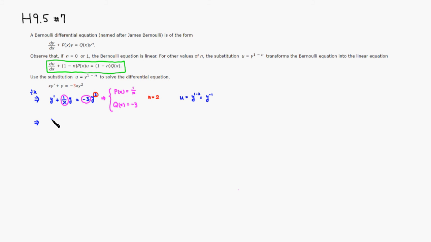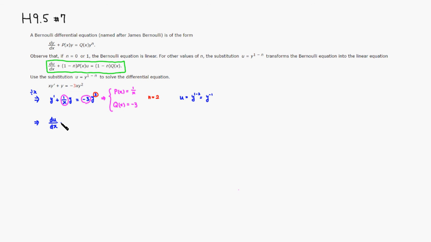So we have du over dx plus 1 minus n. So 1 minus 2 is negative, so I'm going to just put the negative sign here.